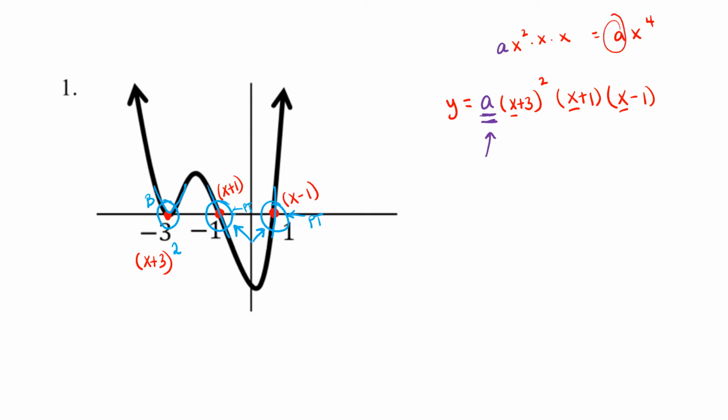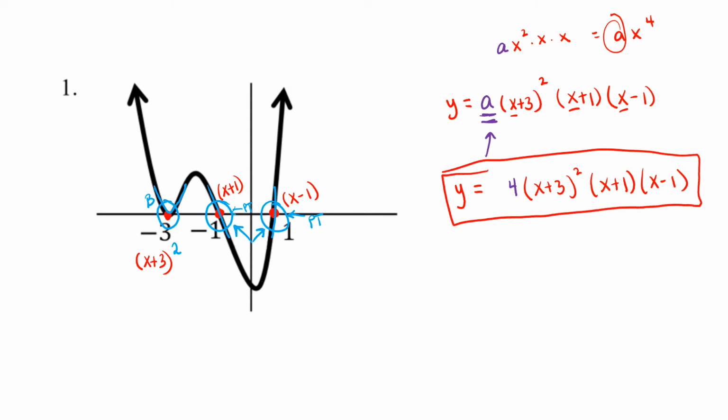We need that a to be positive because it's going up, so we can choose any positive number we want for our a value. So let's just say +4. You don't even have to write the positive sign, just say 4 with our factors of x plus 3 squared, x plus 1, x minus 1, giving us an equation that represents this graph here.